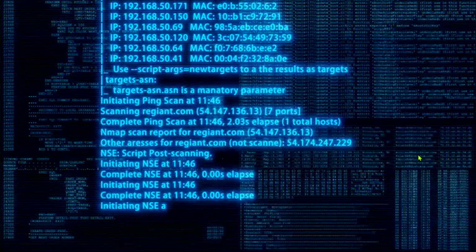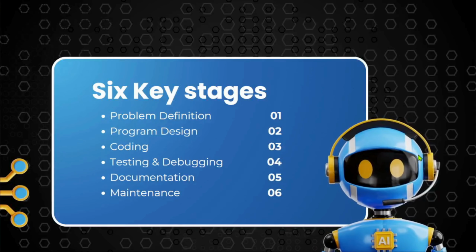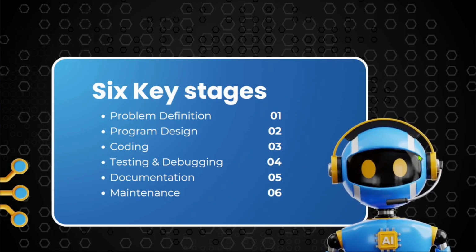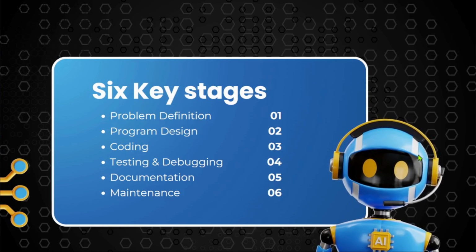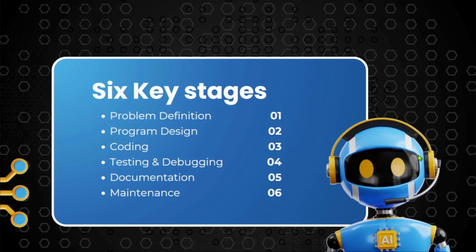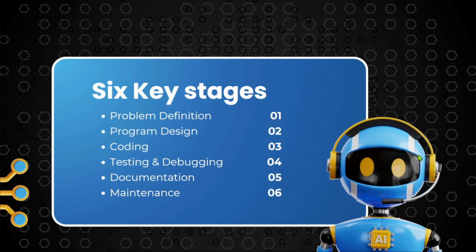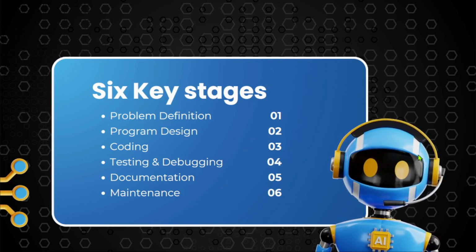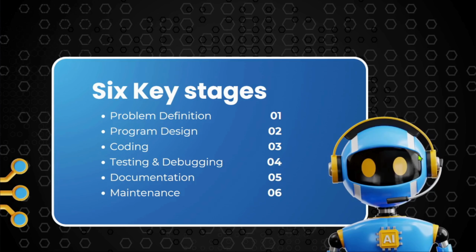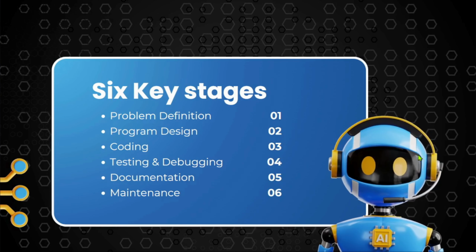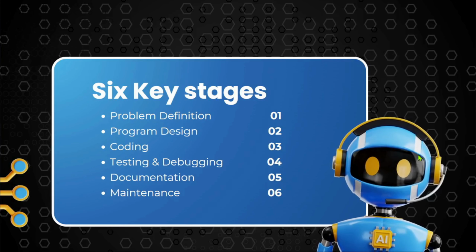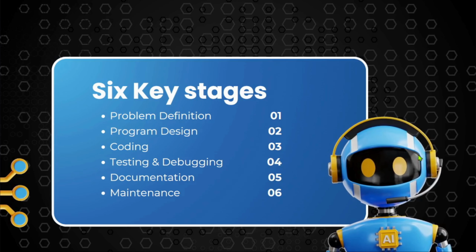This is why there are 6 key stages in developing a computer program. We have here the problem definition, program design, coding, testing and debugging, documentation, and last but not the least is maintenance. Okay, so those are the key stages in developing a computer program.